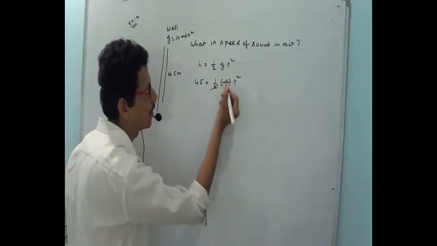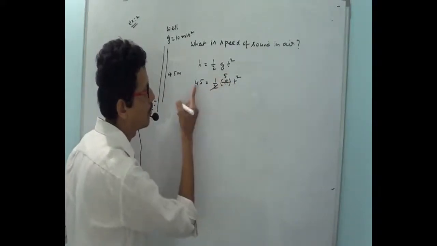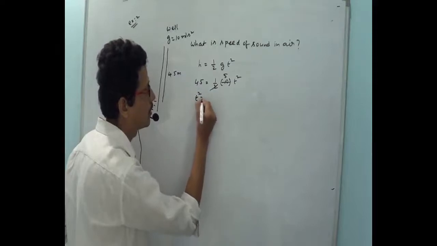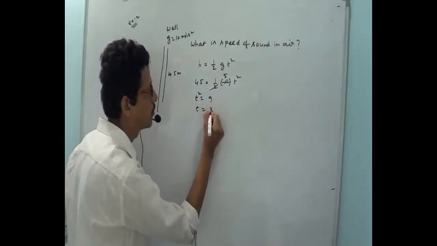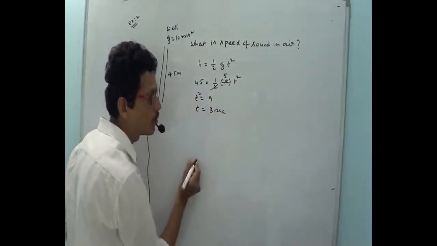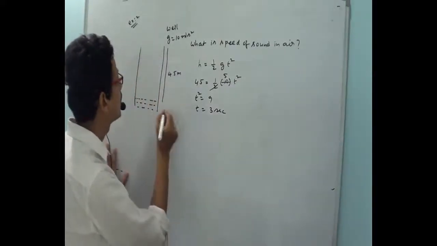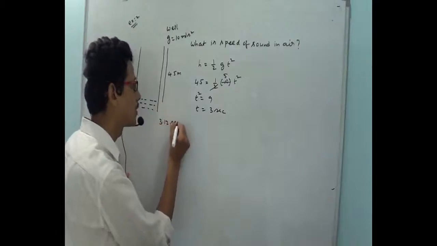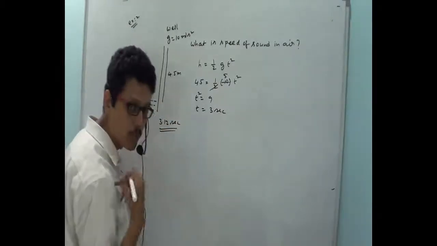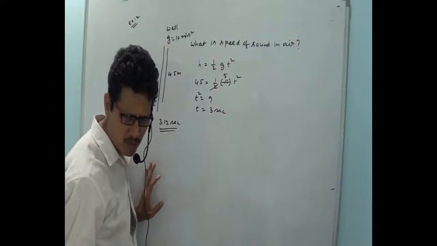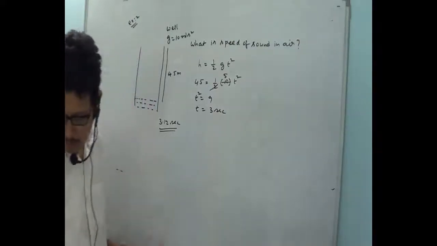This goes 5 times and that goes 9 times. T square is equal to 9, T is equal to 3 seconds. So it took 3 seconds for the stone to touch the ground. And what I said, 3.12 seconds, this is the total time for us to hear the splash.